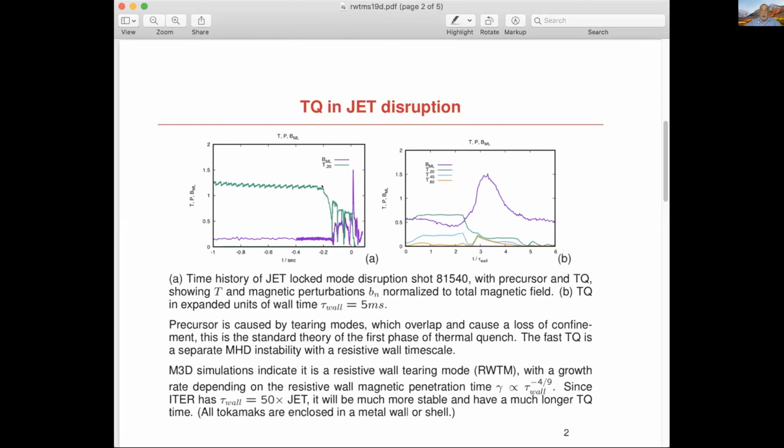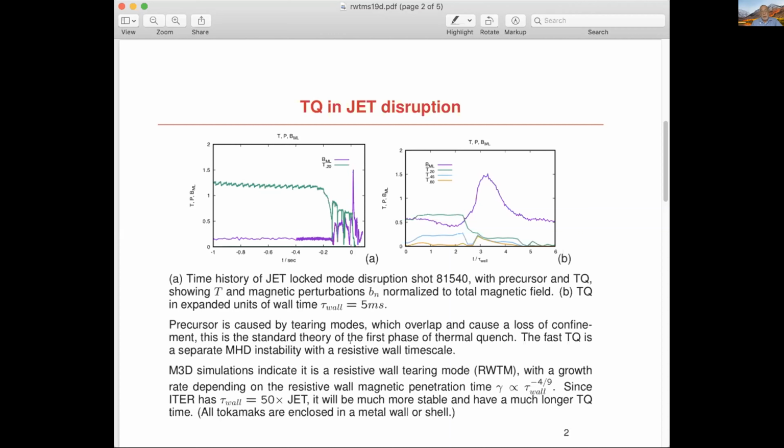It's like something called a tearing mode, which is well known in plasma theory, but it's a version of it that depends on the magnetic shell surrounding the plasma having a certain resistivity, a certain time for magnetic fields to penetrate through that shell, which is called the resistive wall magnetic penetration time, which I'm calling tau wall. And that gives a certain kind of instability in which the growth rate depends on that penetration time to some fractional power.